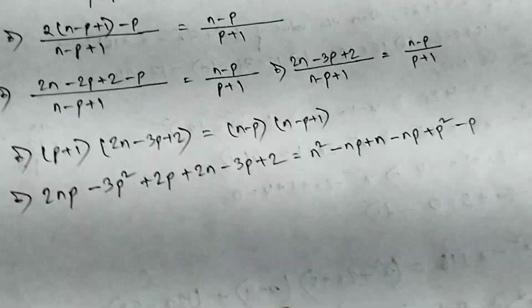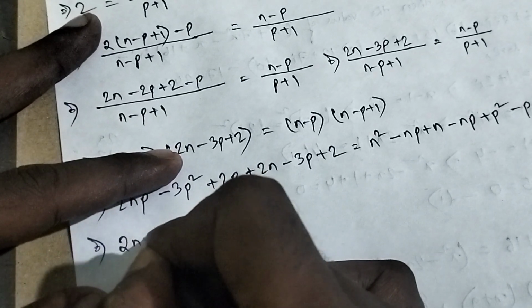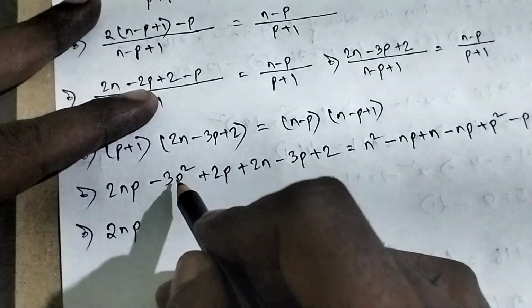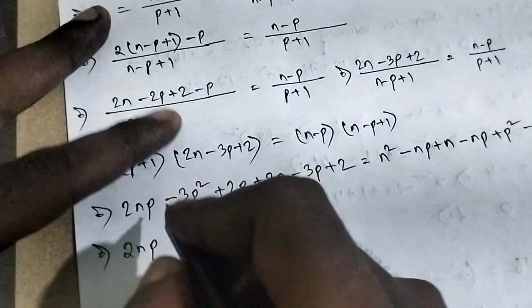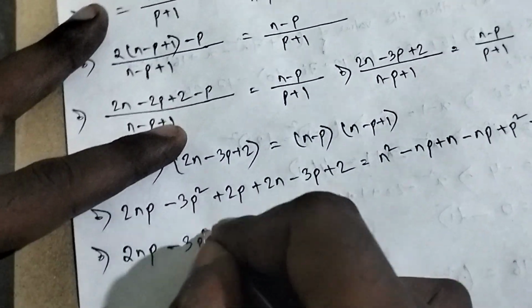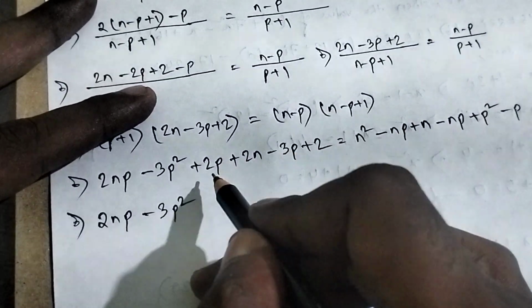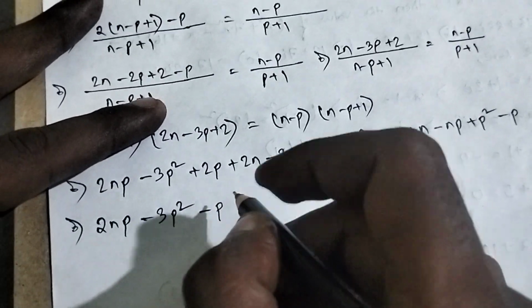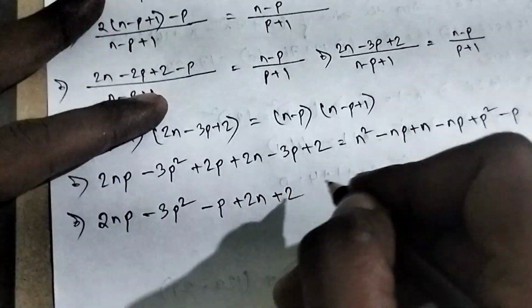Okay, so now let's see. 2np, minus 3p square, plus 2p minus 3p, that means minus p. Okay, plus 2n plus 2.